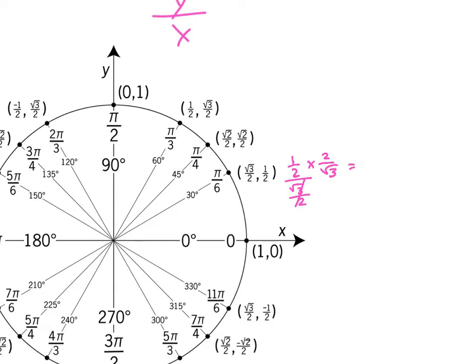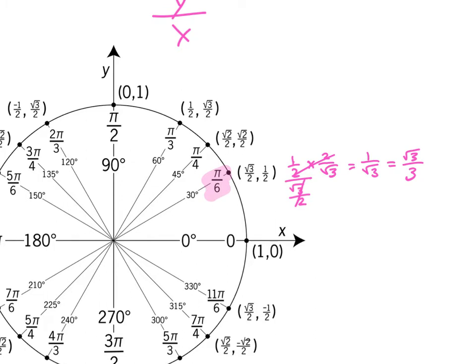So we have 2 over 2 square root 3. The 2's cancel, so 1 over square root 3, which when we rationalize, what do we get? Square root 3 over 3. So is this what we needed for tangent? Yes, it's one of the positive ones. So pi over 6 is going to be one of our answers.